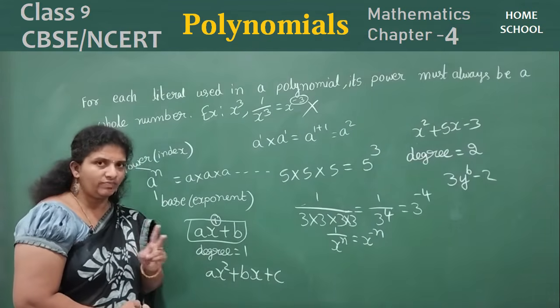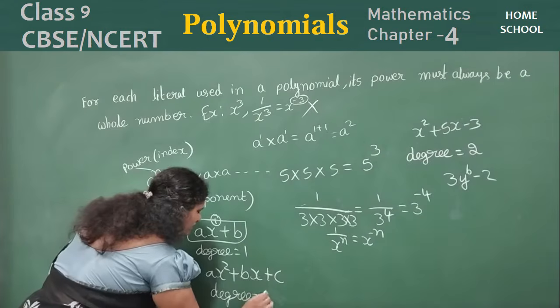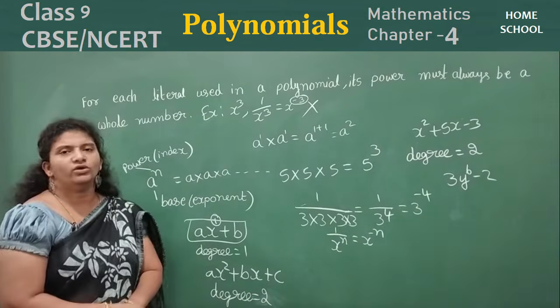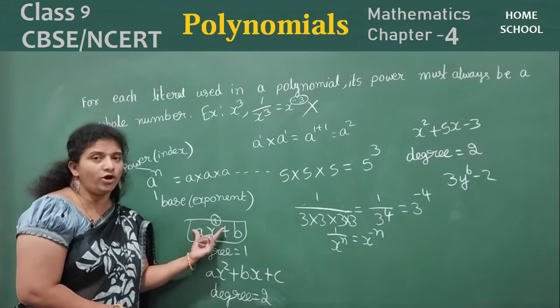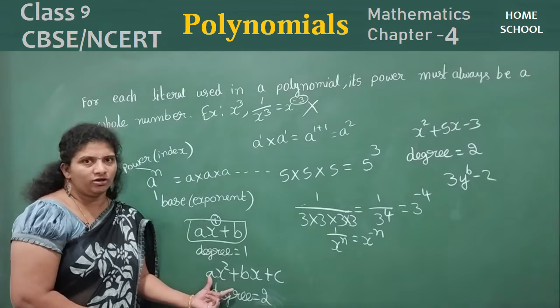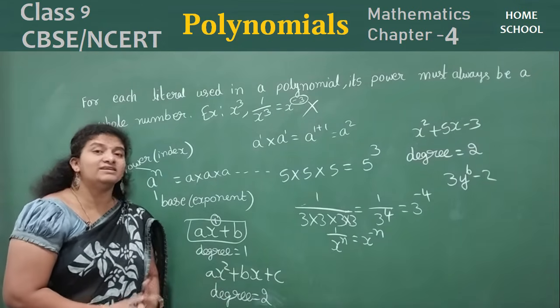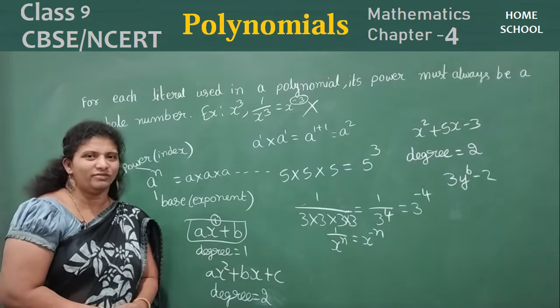It is 2. The highest power is called the degree, right? Therefore, the degree is equal to 2. This type of equation we call a quadratic polynomial, and the earlier one a linear polynomial. And if you have the highest degree 3, then we call that a cubic polynomial.